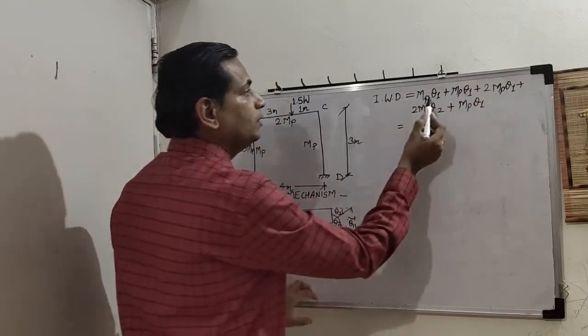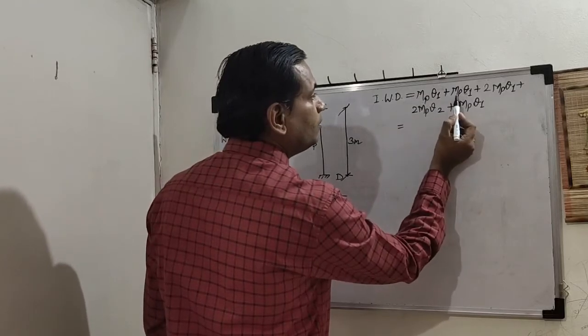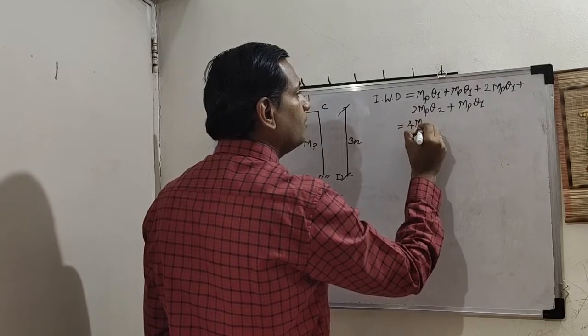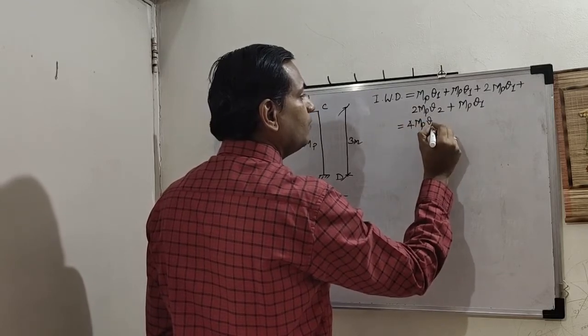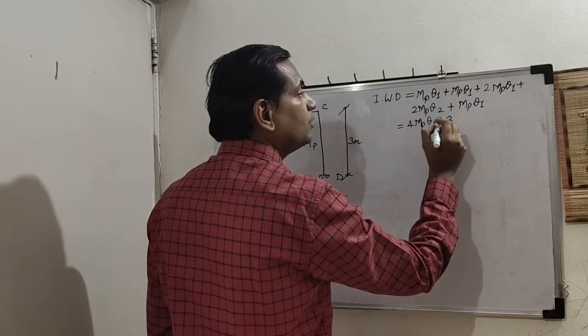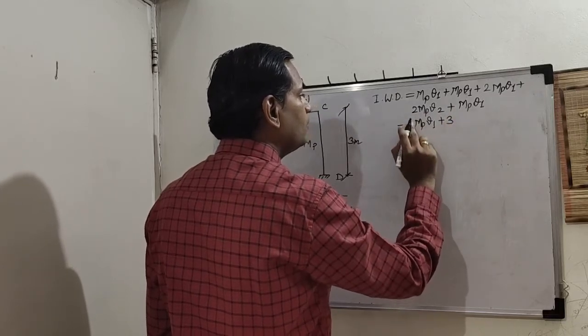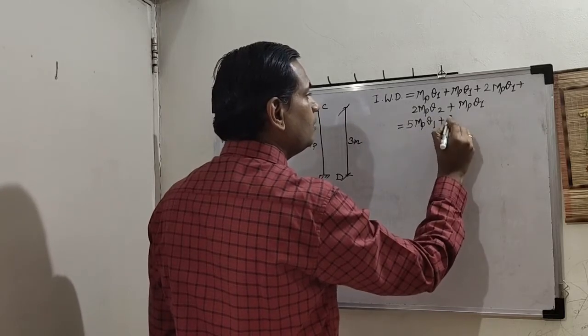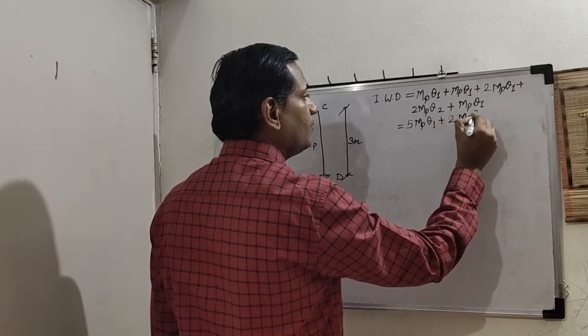So how much? This is 1 plus 1 is 2, plus 2 is 4. So 4 MP theta 1 plus 1, so 5 MP theta 1 plus 2 MP theta 2.